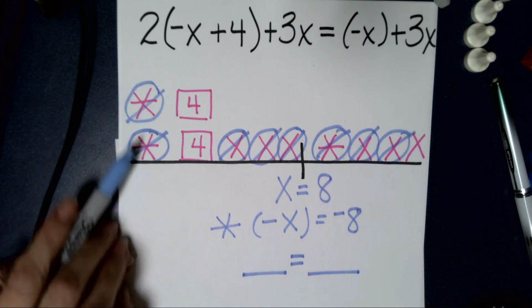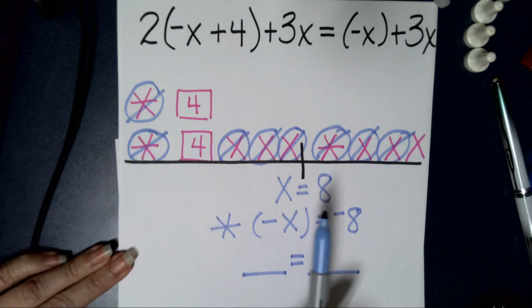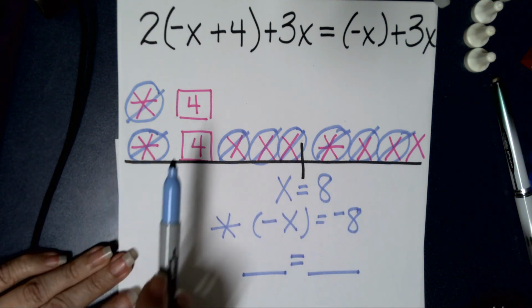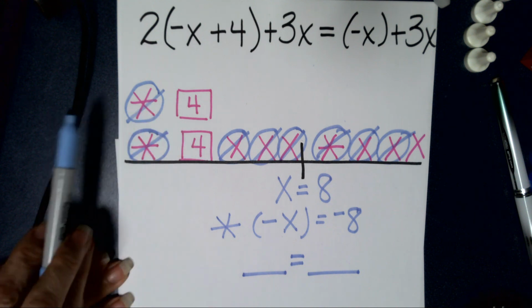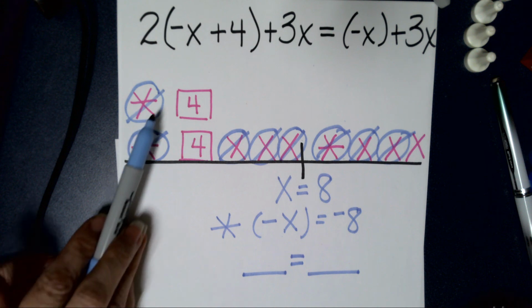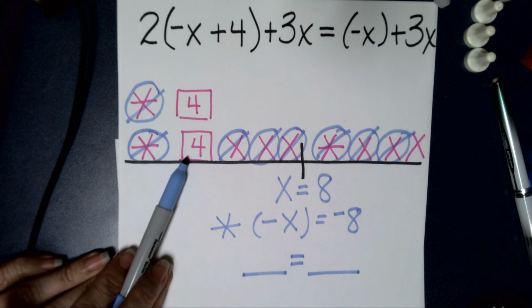We go back to the original pink that we had. We know that our stars are -8 and our X's are 8. So we have -8 plus -8 is -16. Negative 16 plus 4 is negative 12. Negative 12 plus 4 is negative 8.